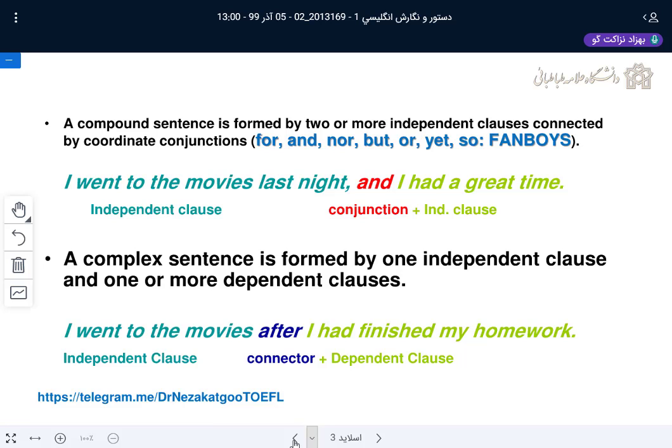So we need to use a proper punctuation mark and a coordinate conjunction. Are there any other ways to make a compound with these two sentences? Could we use a semicolon? Excellent. Instead of comma and, we can use a semicolon. Great. What else?